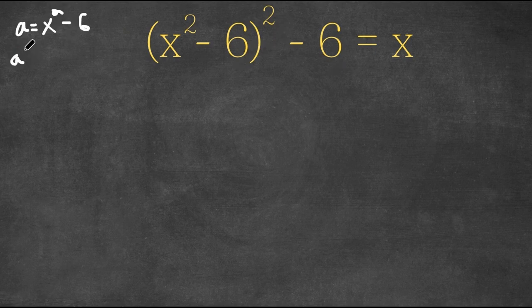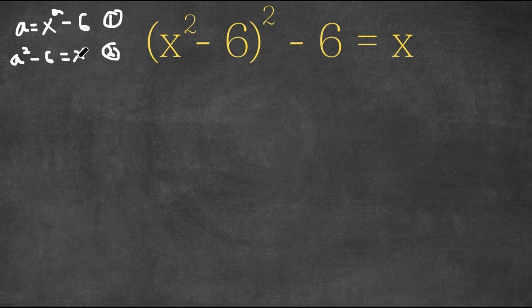a squared minus 6 is equal to x. So now let's say this is equation 1 and this is equation 2. Now, I'm going to subtract both of these.